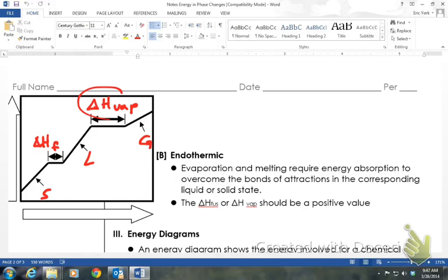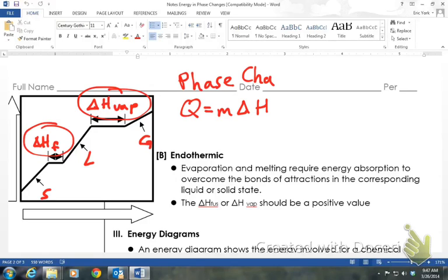So again, you need to know when to use each one of these values. You'll be using it in the same equation. It's always Q equals M delta H if we're talking about phase changes. So if we're talking about a phase change, then this is the equation to use. But what's different between the two is that if you're going from a liquid to a gas, or a gas to a liquid, you use the delta H of vaporization.